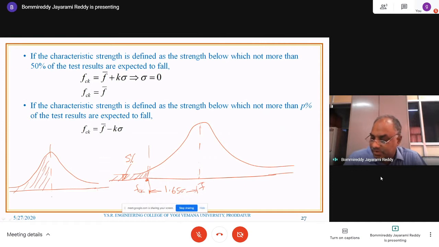When the result does not lie here, it is FCK according to this statement. But what is that value? That value itself is nothing but F bar. So what is FCK now? FCK is the same as F bar because sigma value is 0. Already I told you sigma value is 0 exactly at the middle point.